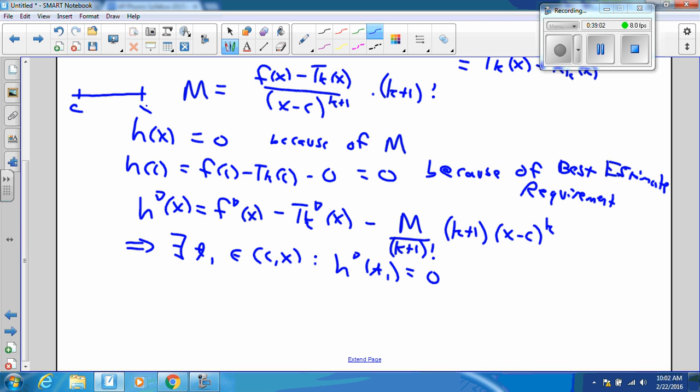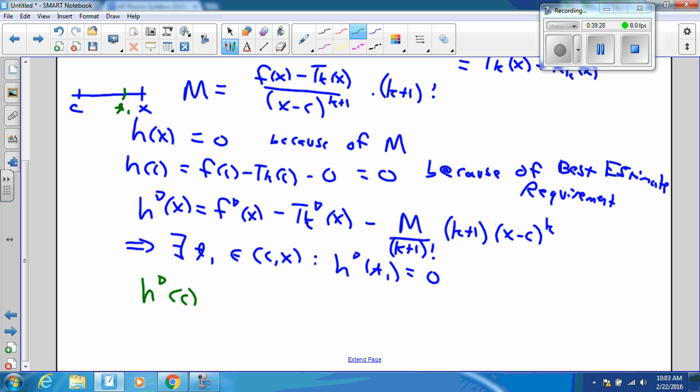If we're tracking on a number line, here's my center c, here's my value x, and somewhere in here I found a t1 so that h prime of t1 is equal to 0. Okay, we like that. That's fine. It doesn't give us a lot of insight yet. But now, observe.